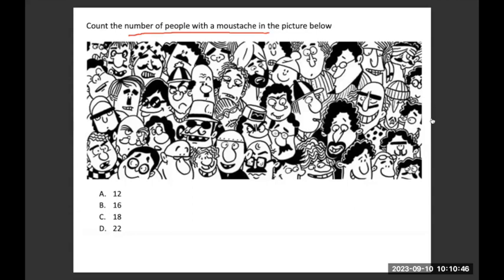Sanchi, Kushi, Yesha, wrong answer. Naishi, wrong answer. Shimoli, wrong answer. Palak, wrong answer. Palak, Vansh, correct answer. Anvi, wrong answer. Tisha, wrong answer. Rumil, wrong answer. Mahi, Twisha, wrong answer.